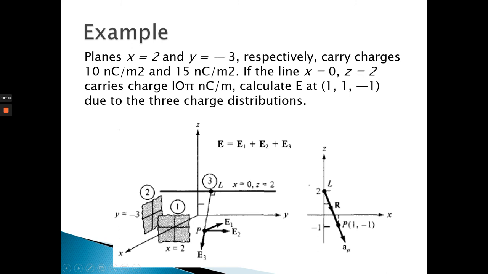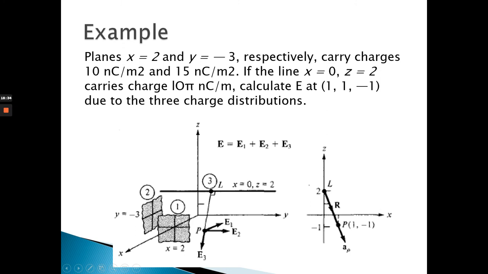We first decide that we need to find E, but there are three different charges. So we find E1, E2, and E3.